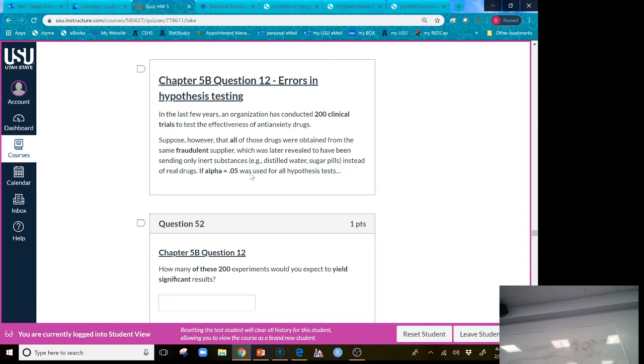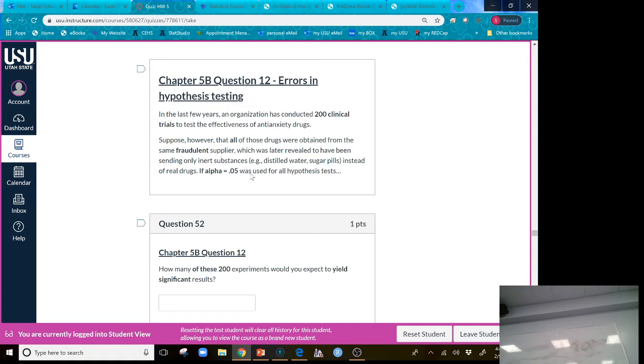how many of these 200 experiments would you expect to yield a significant result? 10? How many? Why 10? 1 out of 20. Yeah. So 5%, alpha, is essentially the false positive rate.